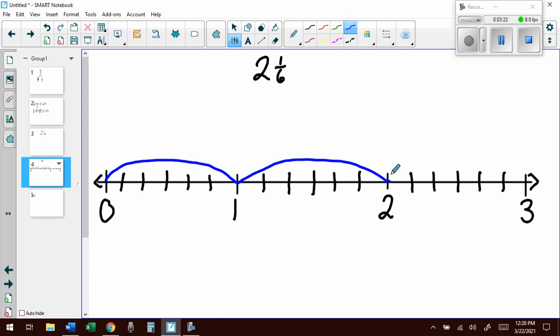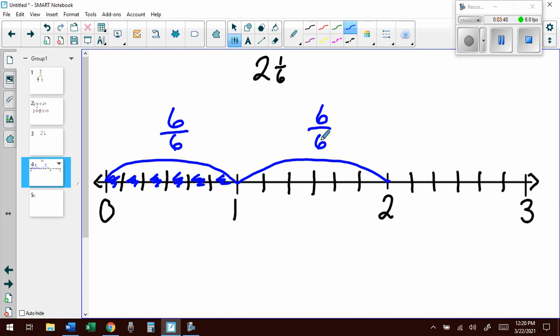And what is a fraction that is equivalent to 1 whole? 1, 2, 3, 4, 5, 6. 6 sixths. So this 1 whole is 6 sixths. This 1 whole is 6 sixths.